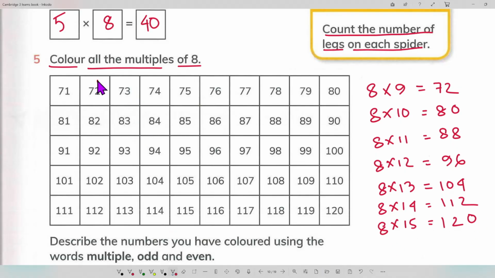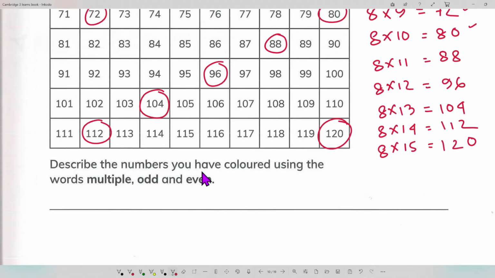Now look, here is 72 and then 80, right? 72, 80, and then 88, next 96, next what, 104, next 112, and finally 120. So describe the numbers you have colored using the words multiple, odd and even.